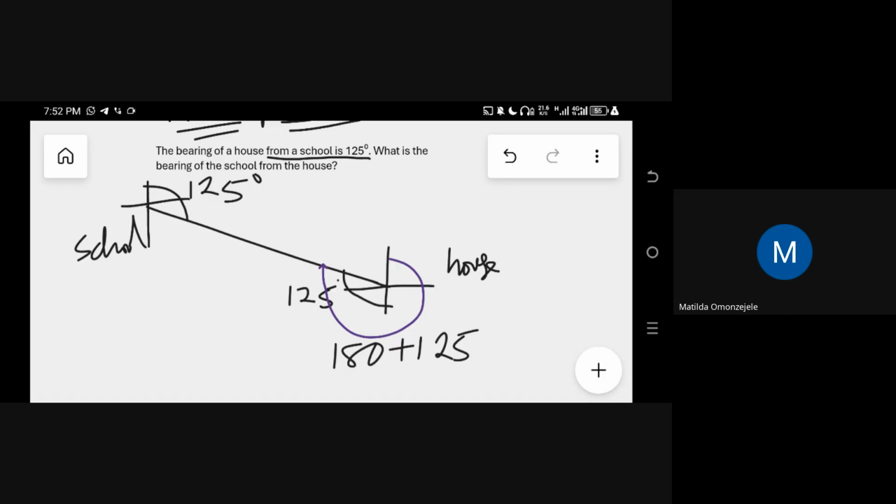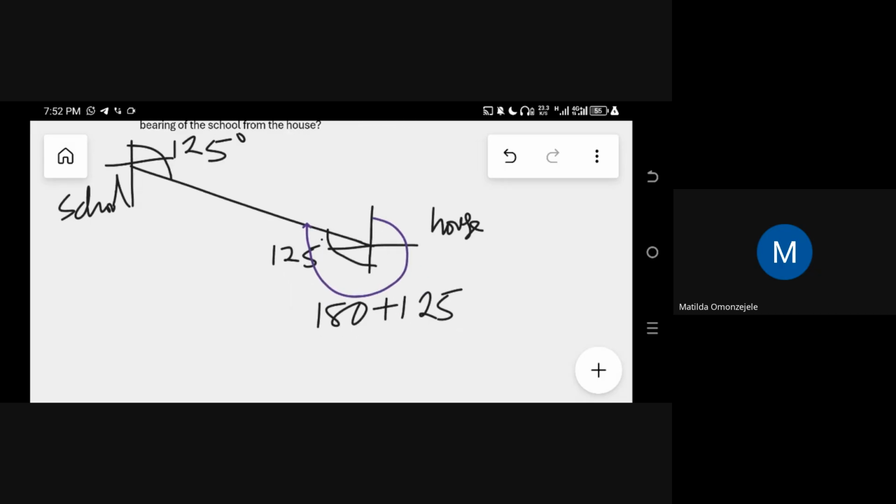So back to this. At the school we have 125, then the alternate to that 125 at the house. That's the angle we put there at the house, 125. And now to get the full angle you must go to the north and read it until you get to that line. From the north to the south is 180, plus that extra 125 you see there.